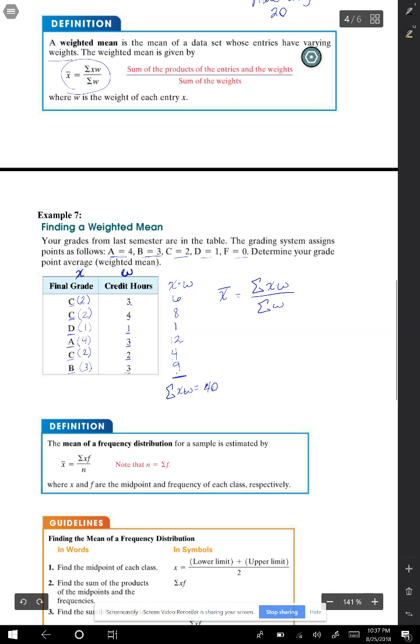And the sum of the W's, 3, 4, 1, 3, 2, and 3, the sum of the weights would be 16. So we get 40 over 16, and when we divide that, you get 2.5. So your GPA would be a 2.5. And that's how you do a weighted mean.